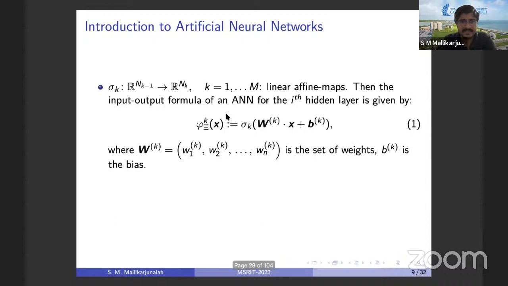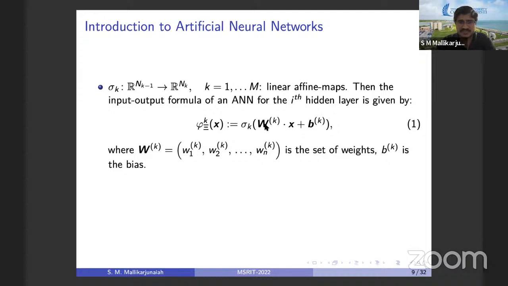Okay, and then the input-output formula for any network is given by this equation number one. If you think of equation one, this is like a functional operation. This functional takes vectors as input and spits out vectors as output.